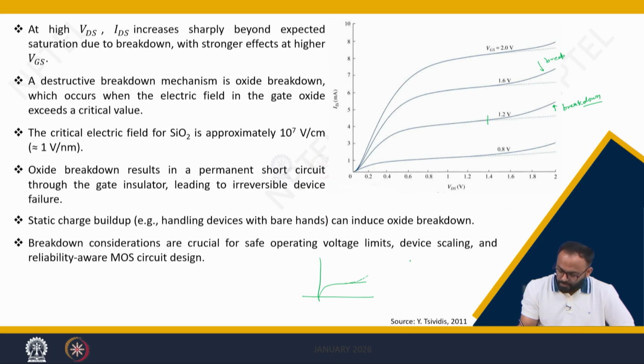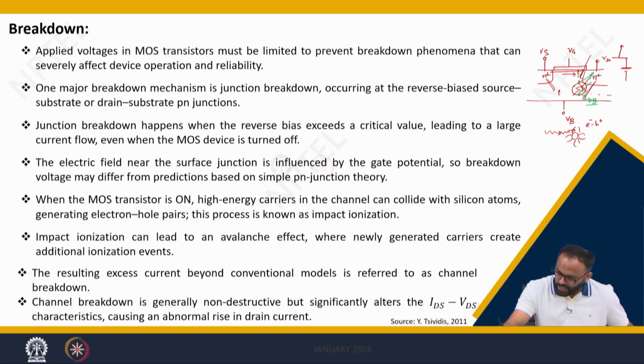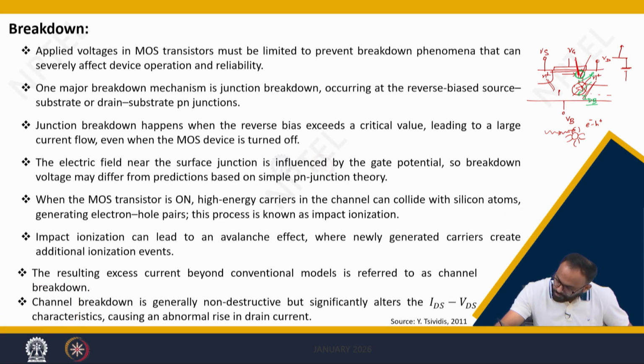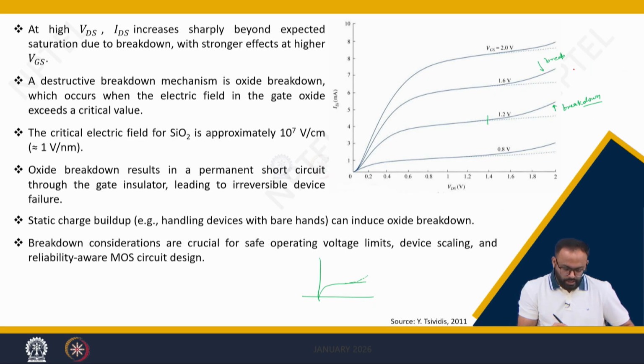In the MOSFET itself, if these high energy particles get enough energy to break the oxide, because this is connected to positive and here you have high energy electrons, some of the electrons acquire so much energy that they are called hot electrons or hot carriers. These hot carriers will go through the silicon oxide and break it down. That is a destructive breakdown. That is mentioned here, that oxide breakdown is a destructive breakdown and it causes a permanent short circuit through the gate insulator, leading to irreversible device failure.